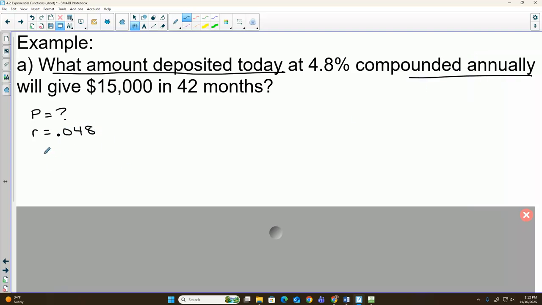Compounded annually, so N is 1, will give $15,000. If that's what I'm going to get, what is that? A. In 42 months. What's that? T. But time has to be in years, so how would I change 42 months into years? Divide by 12 and we get?